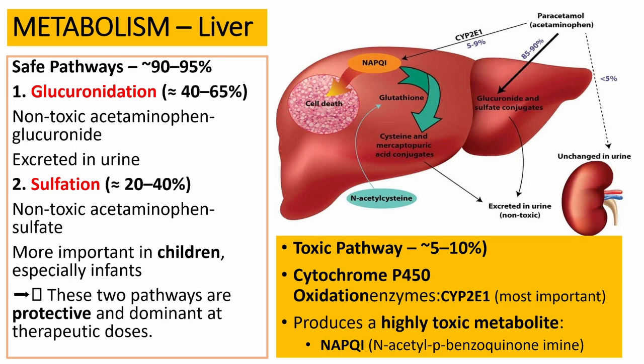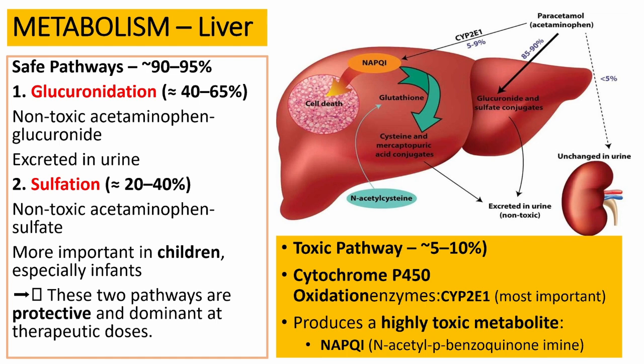We have to think about paracetamol toxicity and the metabolism in the liver. There are 2 separate safe pathways, glucuronidation and sulfation. Normally, physiologically, without toxicity, even at high doses, these pathways work smoothly.